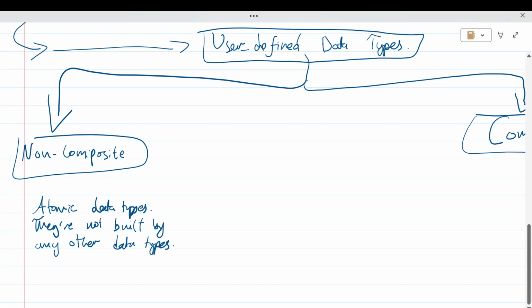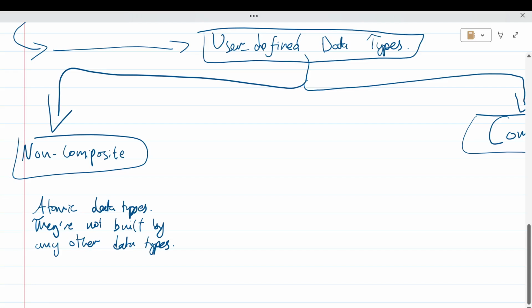So these are data types on their own, right? All alone. Non-composite data types are the ones that are not made by other data types. Or in other words, you cannot divide this data type into more data types. It's just the simplest of the data types, right?